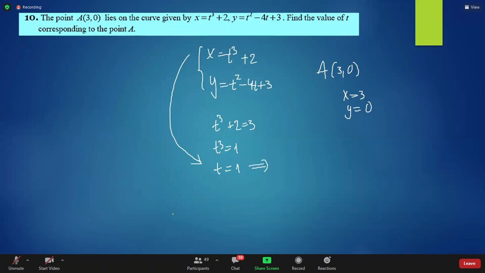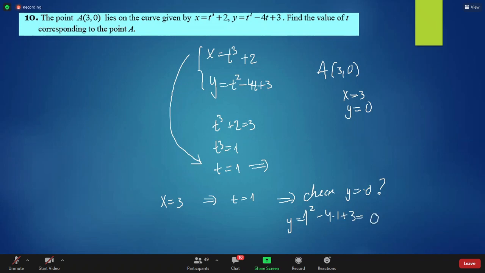And then we have to check, is y equal to 0 with this? When we put it in, y equals 1 squared minus 4 times 1 plus 3, we have 0. So this is the one and only value, t is 1.